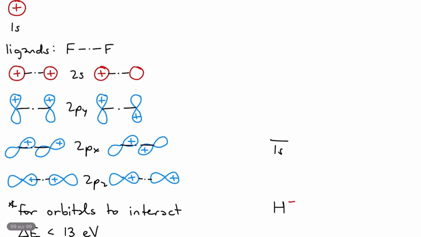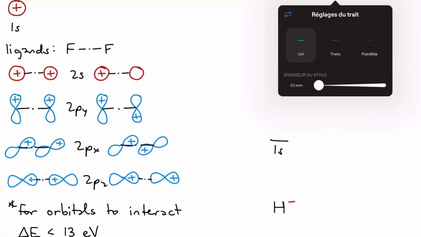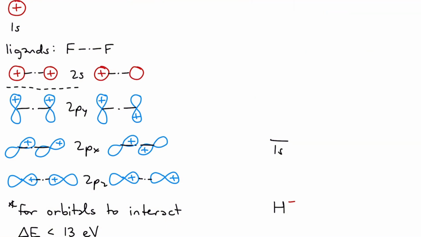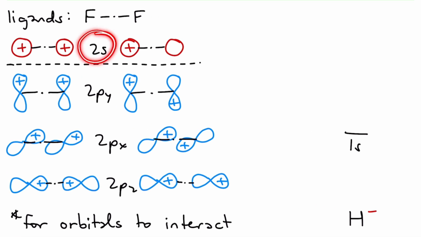And let's split these into two groups of degeneracy. By degeneracy, I mean equivalence in energy, because the orbital energies of 2s and 2p of course are not going to be the same, right? 2p in this case is obviously higher in energy than the 2s orbital of the fluorine. So 2s and 2p are going to be different in energy.